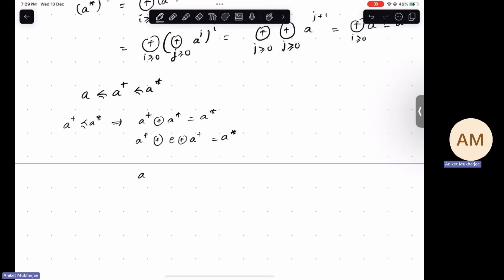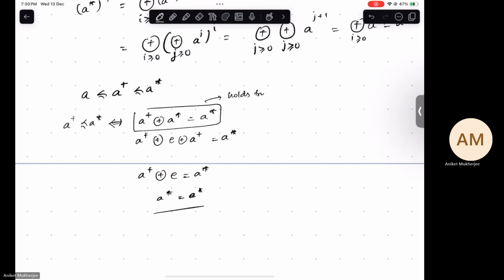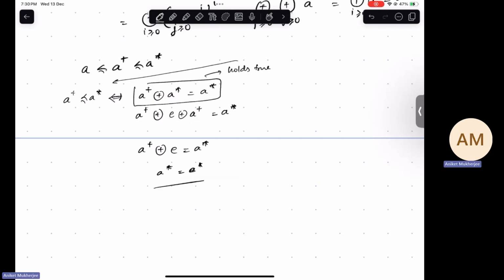And from idempotent, I get A plus E equals A star, which is basically A star equals E star, right? So this relation holds true, which implies A plus is less than A star in dioid order.